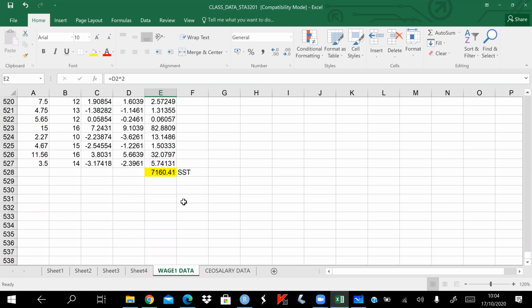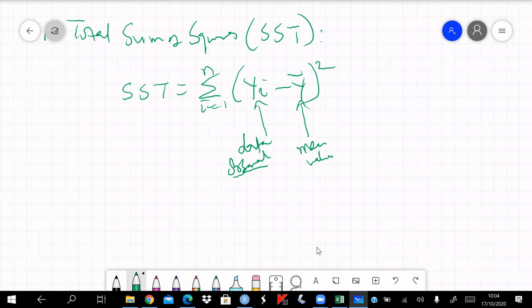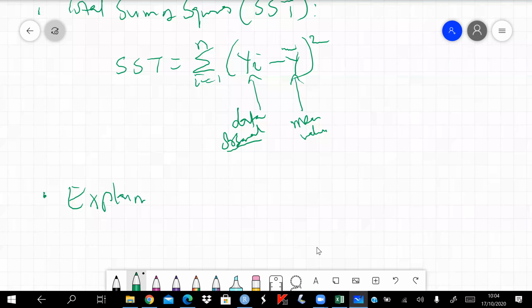Okay. Then we also have another type of variation. I will show you how we are going to use them later on. Apart from the SST, our second point is the explained sum of squares, which we denote using SSE.